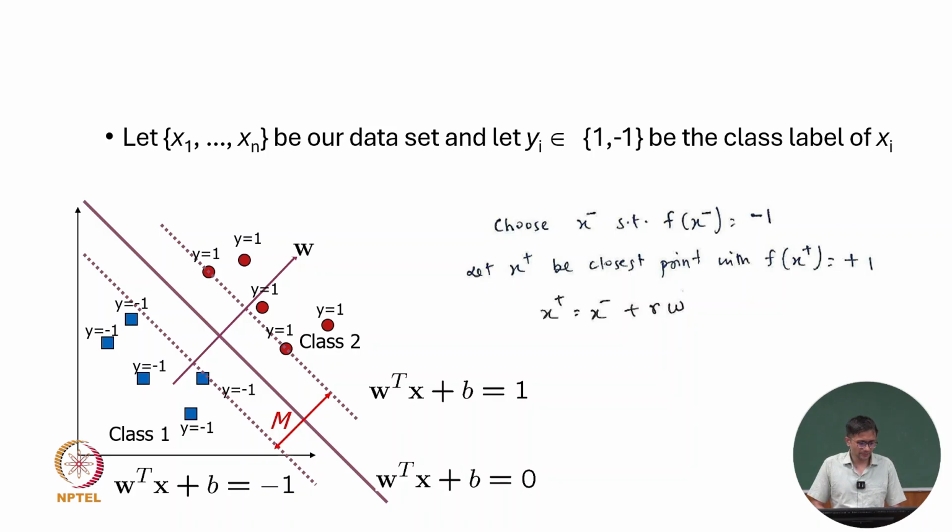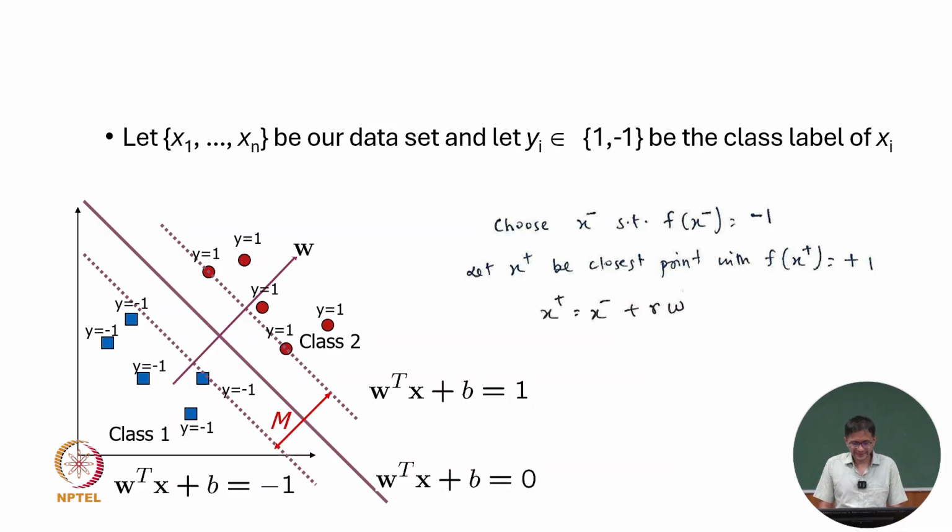So we are choosing one point from this particular line, then another point closest to this x minus from this particular line, and they need not be one of the actual data points that you are seeing in blue or red color, but you can take these 2 points, x minus and x plus. So in that case you can write x plus is equal to x minus plus RW.